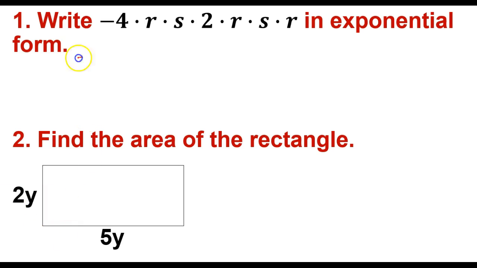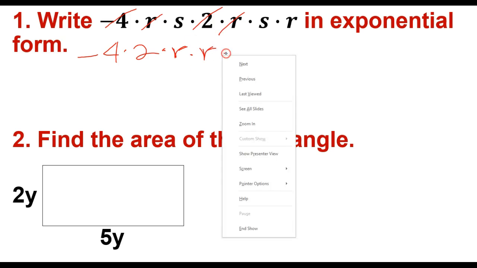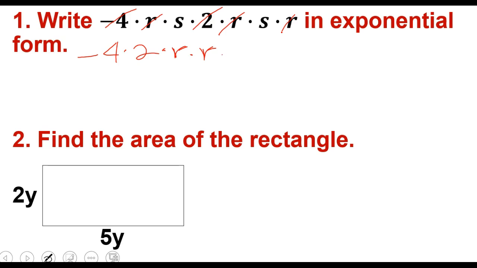So here we write -4 times 2, and then times R, times R. It's always good to cross out whatever you've written down so you don't repeat it twice. Then times S, and times S.